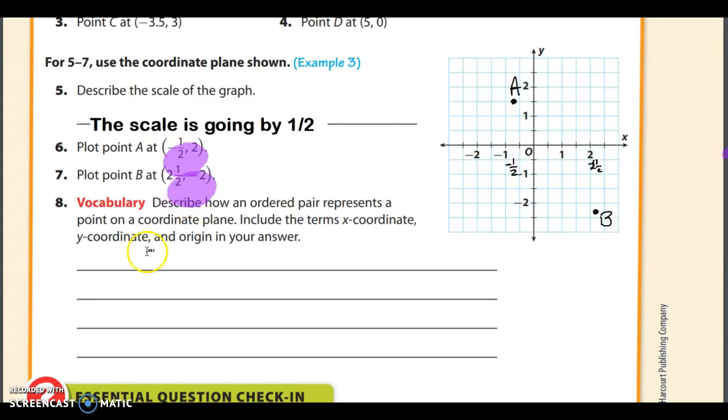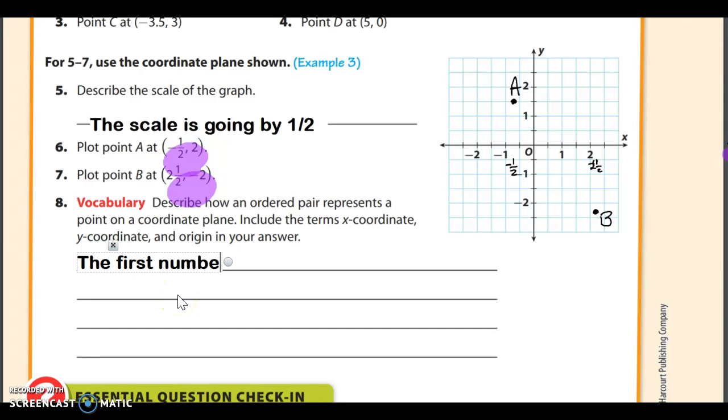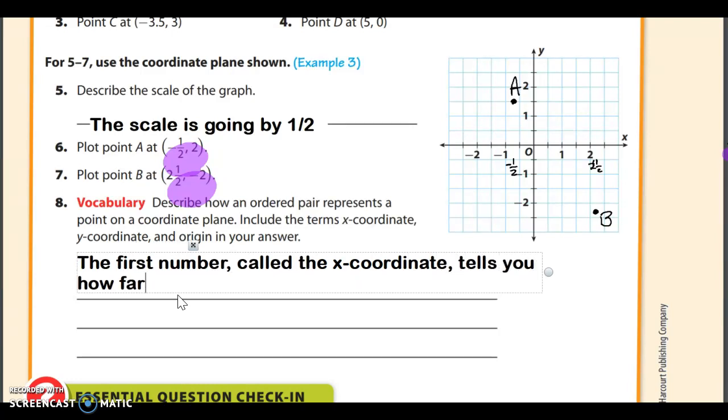So the first number, called the x-coordinate, tells you how far to go left if it's negative, or right if it's positive, from the origin.